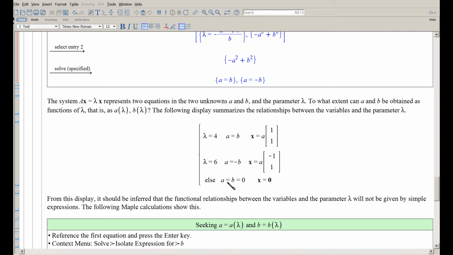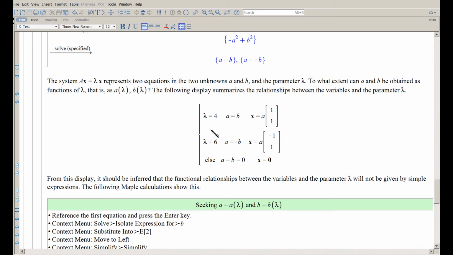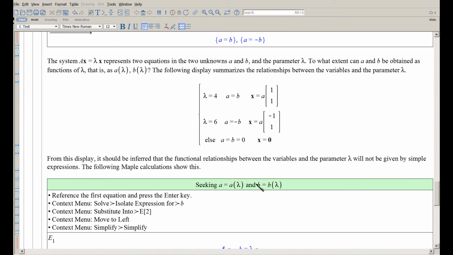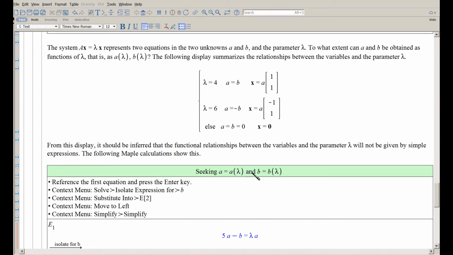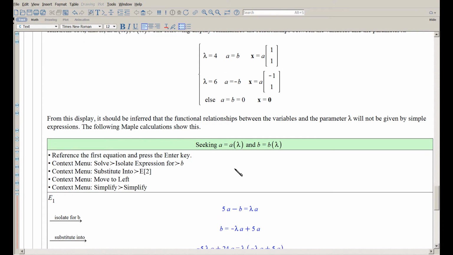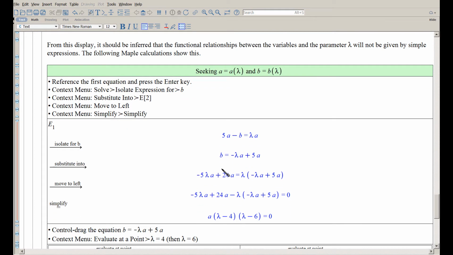Anything else forces a and b to be 0, and so the vector x is 0. So this is going to be hard to express in a functional relationship. This is going to be difficult to have with simple expressions. But how close can we come to it?